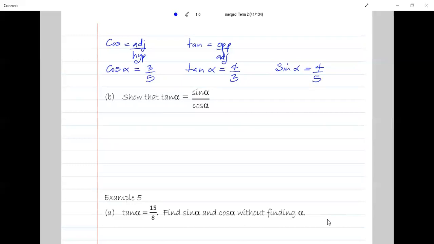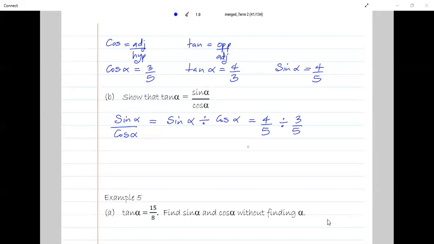Now, let us see what sine alpha over cosine alpha actually means. Sine alpha divided by cosine alpha. That's what it means. But sine alpha is equal to 4 over 5 divided by cosine alpha, which is what? 3 over 5.